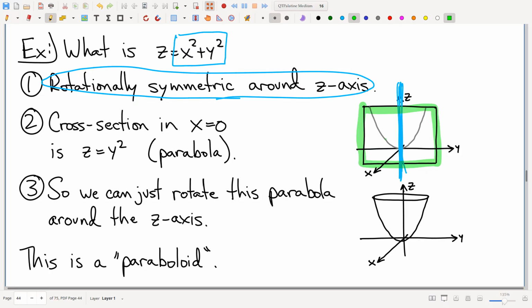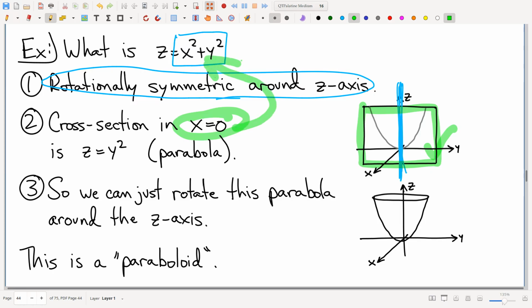If you want to take the xz plane, or some other plane, any plane that contains the z-axis, whatever. Got to pick one, and just to get the ball rolling, I'm going to pick the yz plane. If I can understand the cross-section of the surface in that plane, all I got to do is rotate that cross-section. And that cross-section is really easy to understand. We're looking in the plane x equals 0. That's what this plane is.